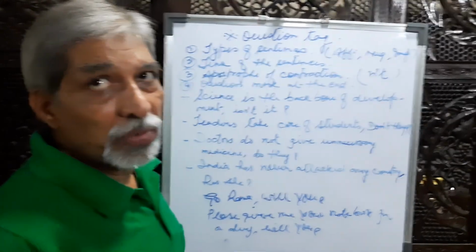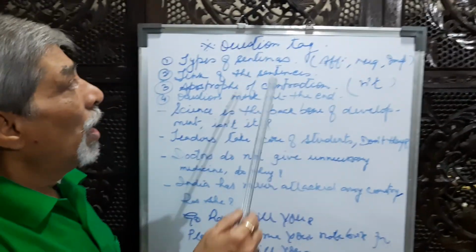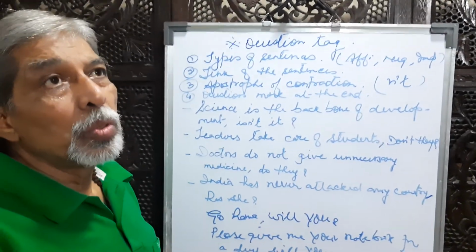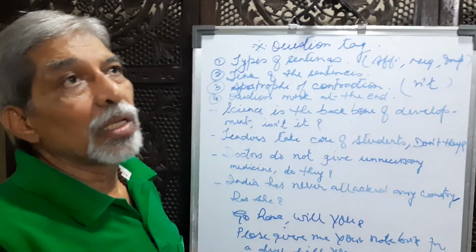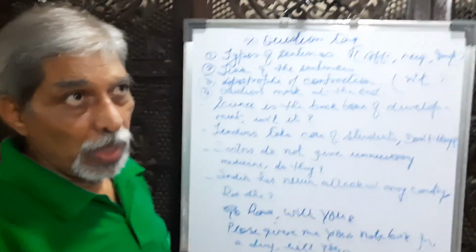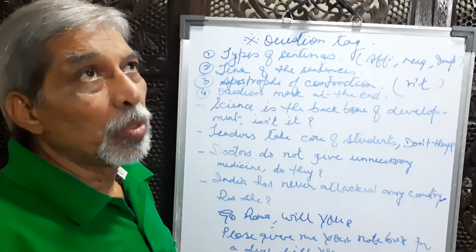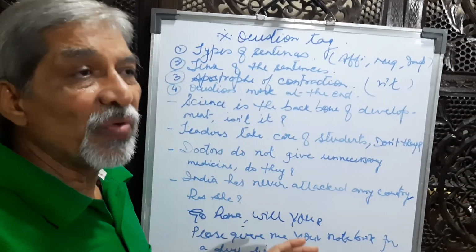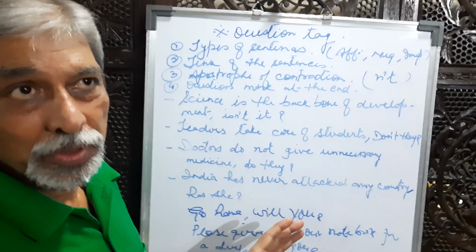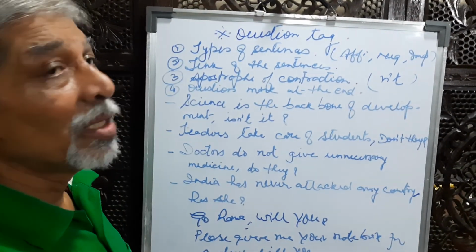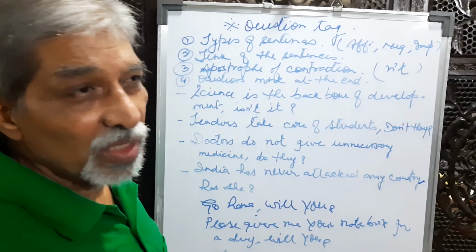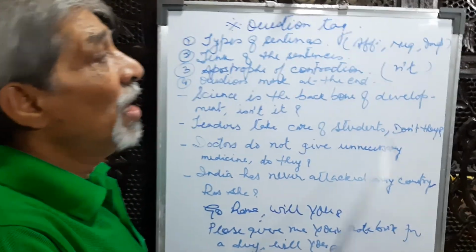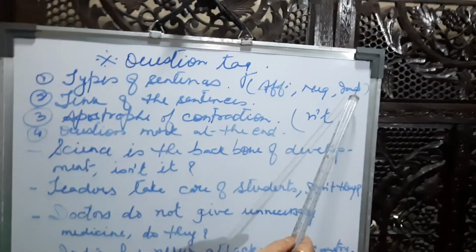Once again, I give the review. In order to add a question tag to a sentence, we have to make a short question against the given sentence. So recognize the type of sentence first, namely affirmative, negative, and imperative mood.